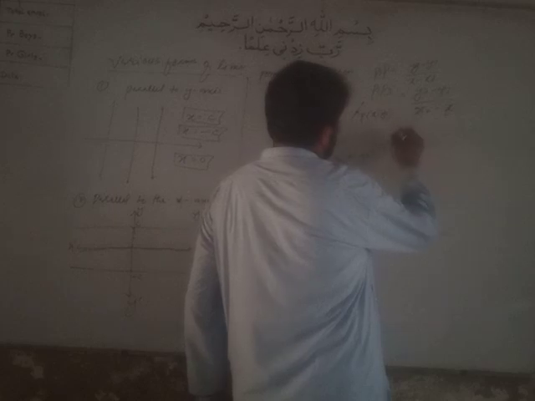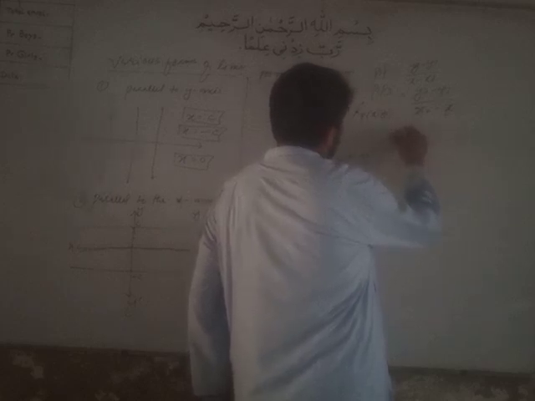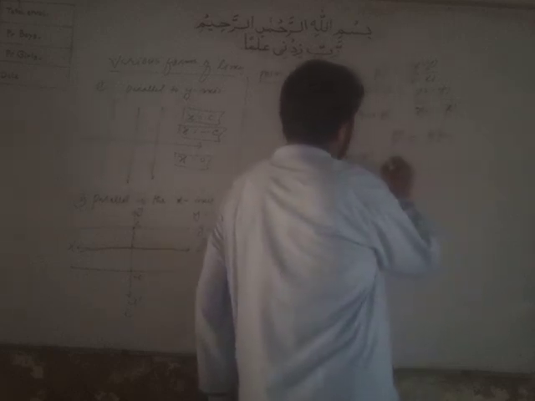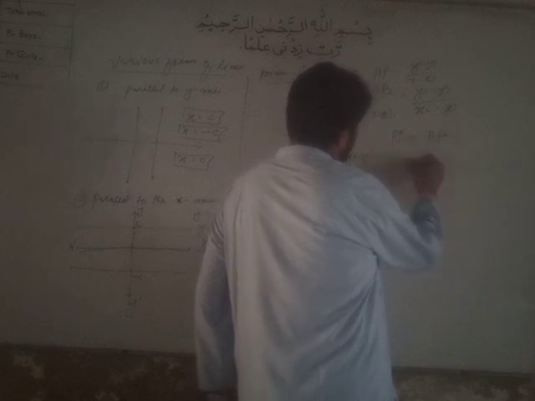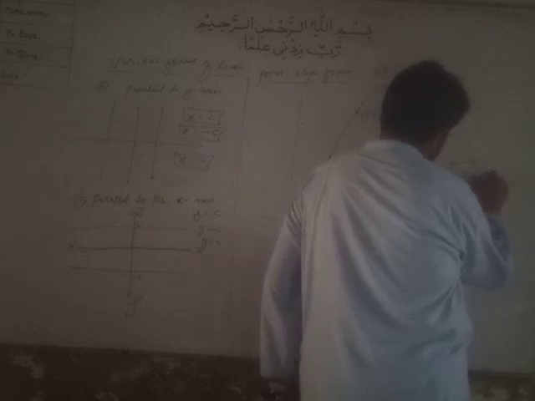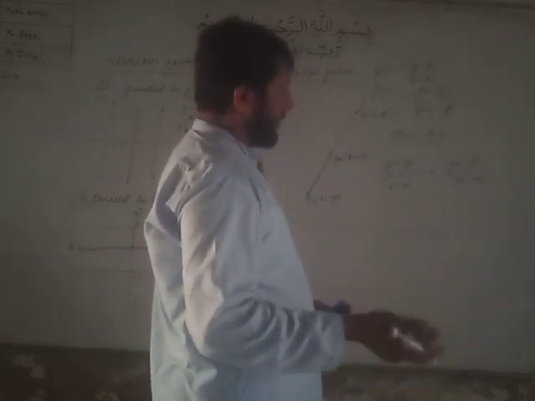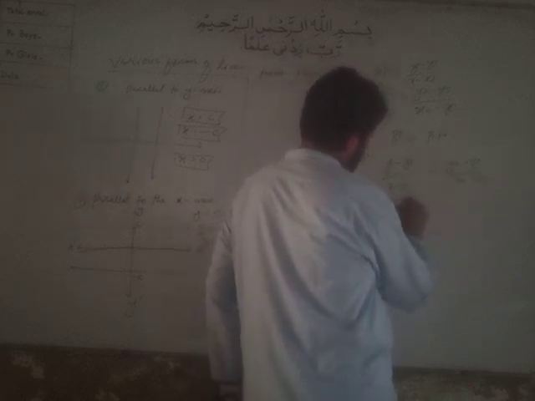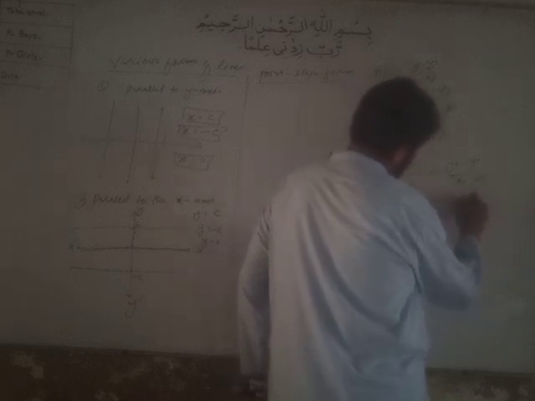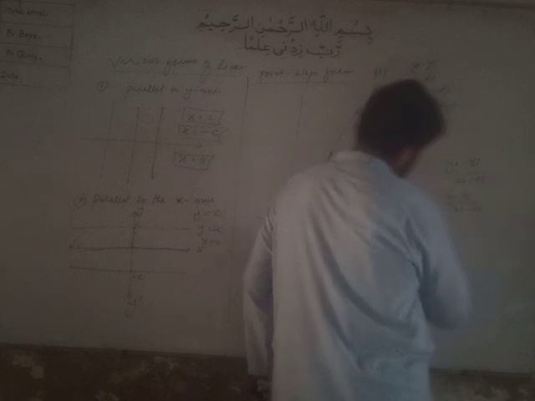So the slope of P1 P is equal to the slope of P1 P2. So y minus y1 upon x minus x1 is equal to y2 minus y1 upon x2 minus x1. By cross multiplication, we can write y minus y1 is equal to y2 minus y1 upon x2 minus x1 times x minus x1. Okay, so this is the point slope form.